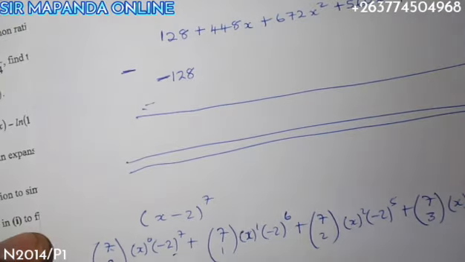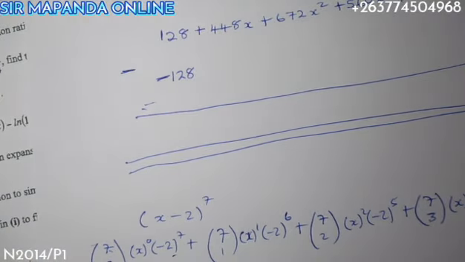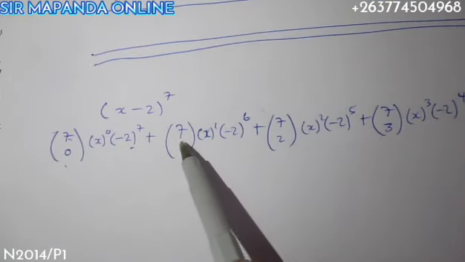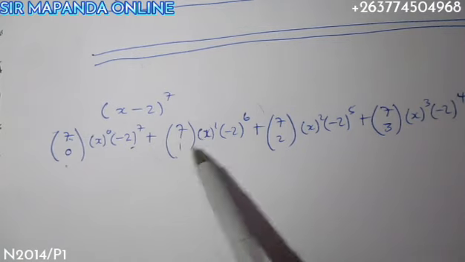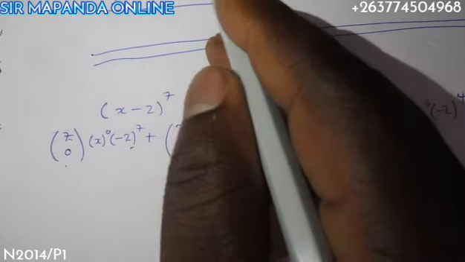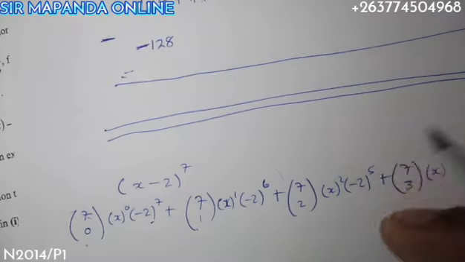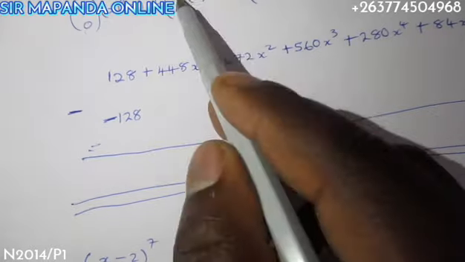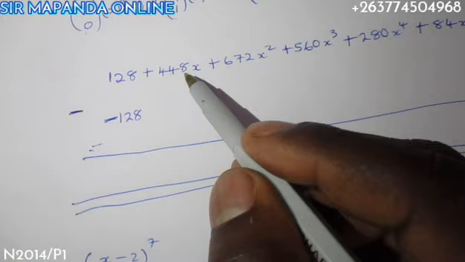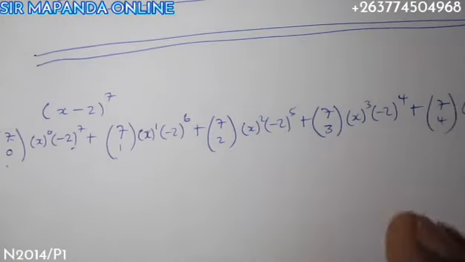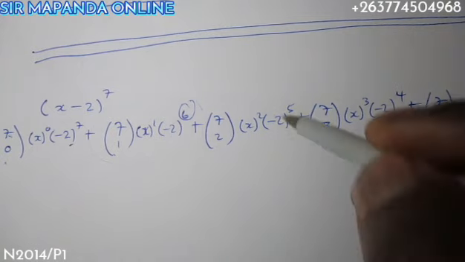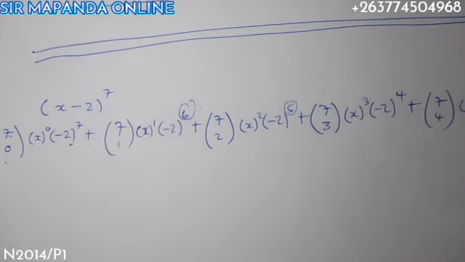You can notice that if you punch 7 choose 1 times minus 2 to the power of 6, you are going to get 448, like what we did on 7 choose 1 and 2 to the power of 6. But the idea is, for even powers, your answer is plus. For odd powers, your answer is negative.